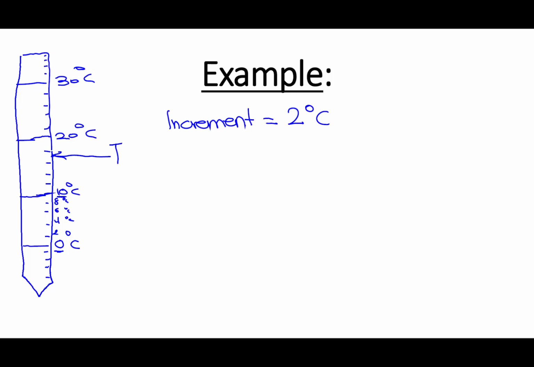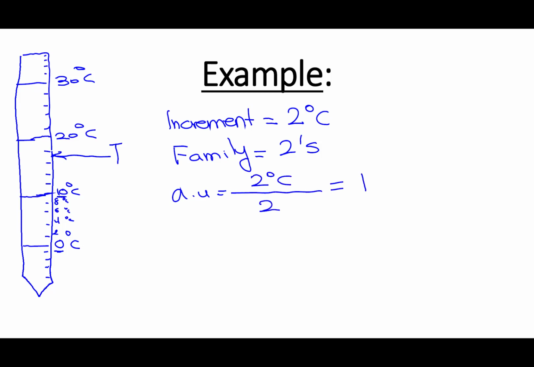Now, what family does it belong to? Remember, anything with 2 in it belongs to the family of 2's. The next thing that you want to do is to find the absolute uncertainty, which is increment divided by family. This will be 1. Then the absolute uncertainty is 1.